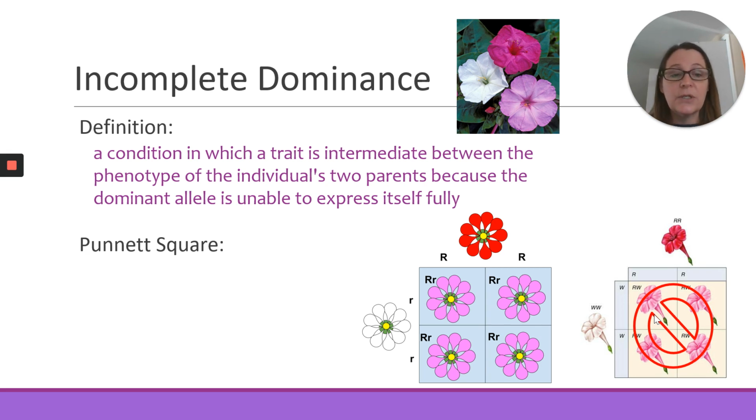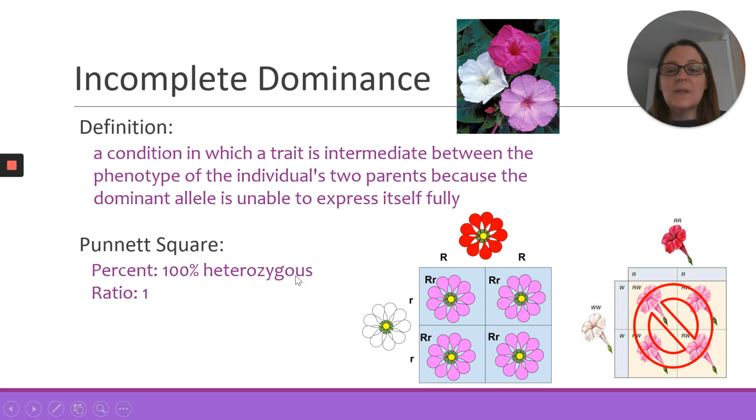We're not looking at two different traits. So if you look up pictures for incomplete dominance and even for codominance, they use two different letters. Don't do that. It's confusing. I'll show you some ways to indicate the codominance in the next slide, but don't do this, even if you see it online.